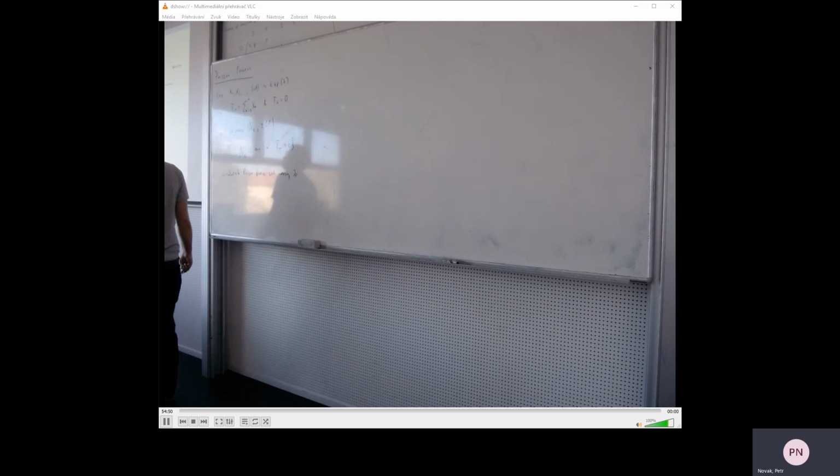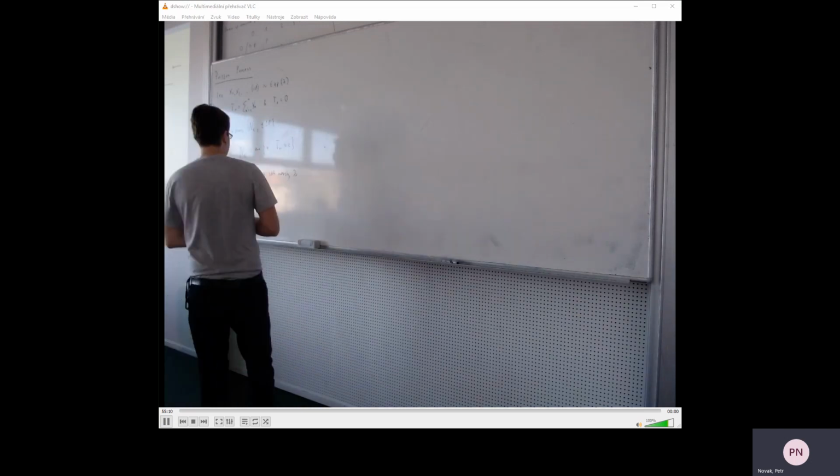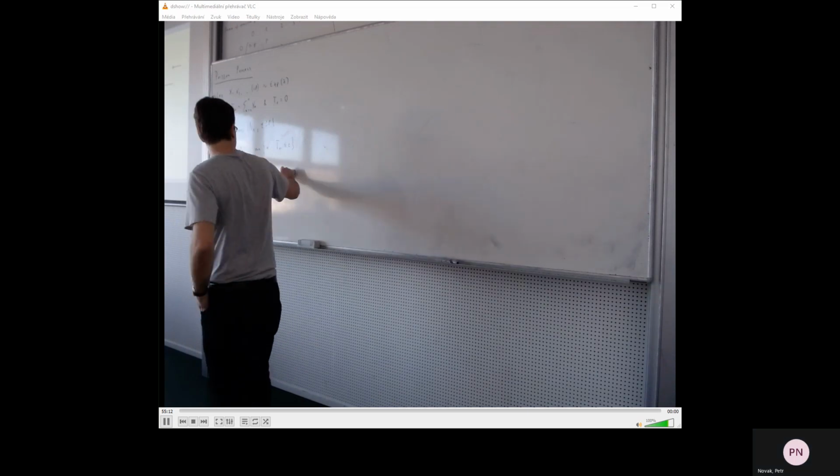And by the Poisson process, we are just counting how many of these jumps did we have up to time t. Okay? Is that word intensity lambda? Yes, intensity.